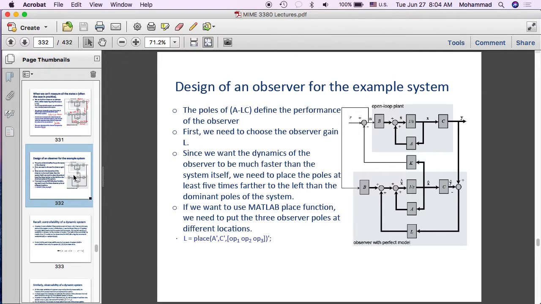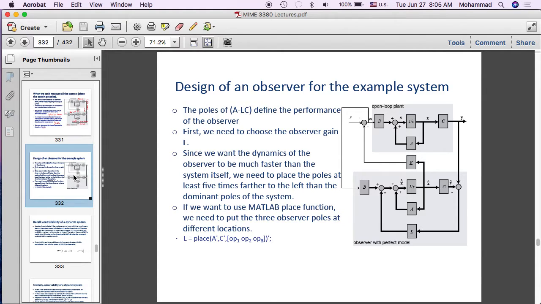In the last class, I brought up the question of whether we could find a way of not measuring every state variable, which is the requirement if you want to do full state feedback control.